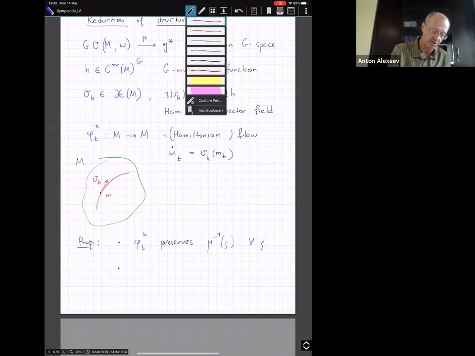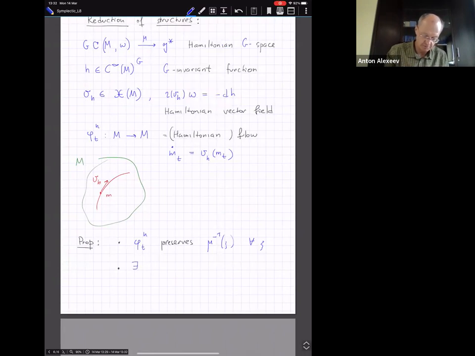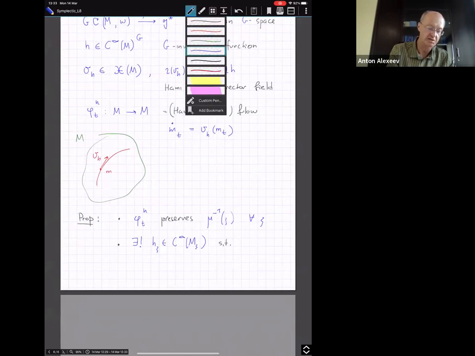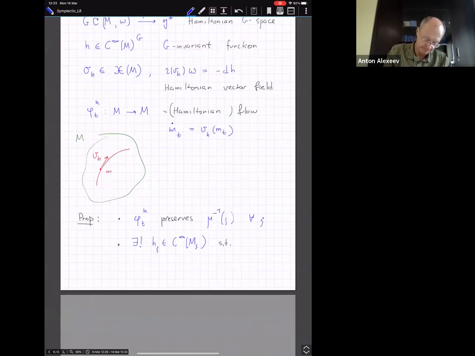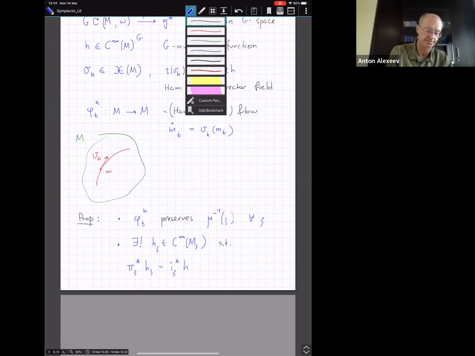Now the second observation. So there is a unique smooth function on M_xi such that, and let me write it in two ways. So just to make it similar to what I was writing before, I write it this way.